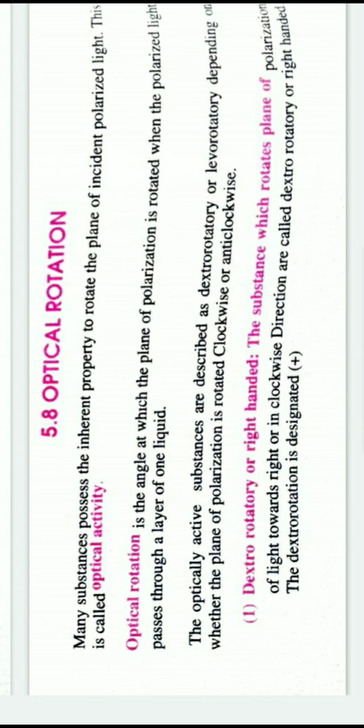So first, dextrorotatory or right-handed: the substance which rotates the plane of polarization of light toward the right side, in the clockwise direction, is known as dextrorotatory and it is designated by the plus sign.